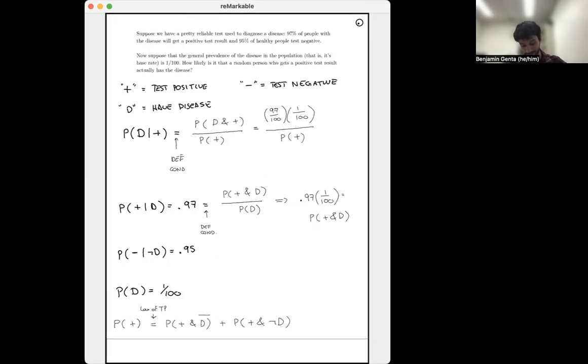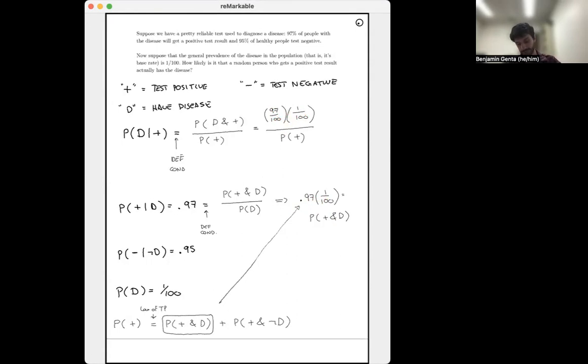And this part over here, we already know what it is. It's over here, we already did this. The probability you test positive and have the disease is just 97 over 100 times 1 over 100. So we actually have this part.